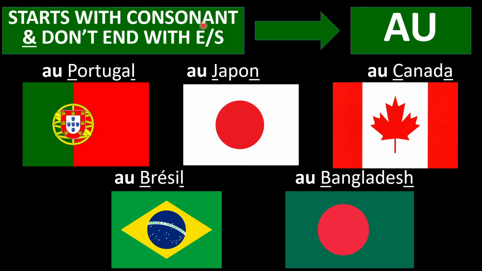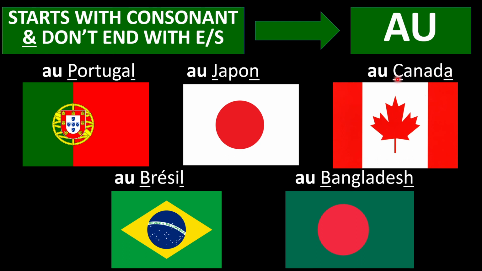It should start with a consonant and it should not end with E or S. So Portugal, P is a consonant and L is not E, L is not S. So you can say au Portugal. You want to say she works in Portugal. Elle travaille au Portugal. Japon, which is Japan, starts with a consonant and the last letter is not E, it's not S. So you are clear, you can use au Japon.